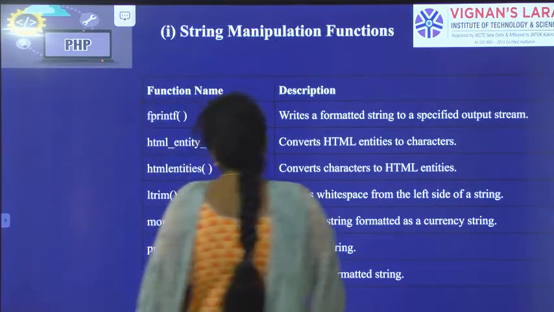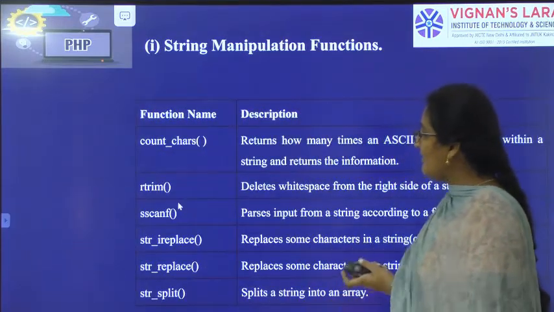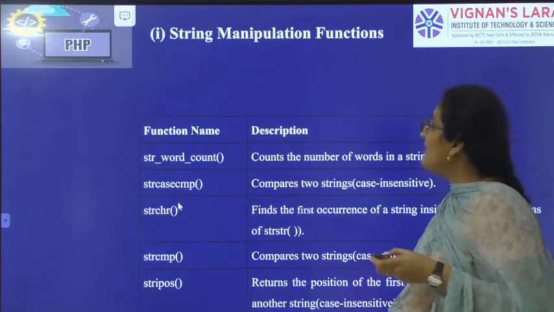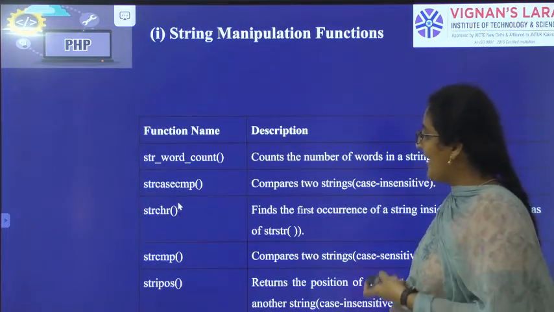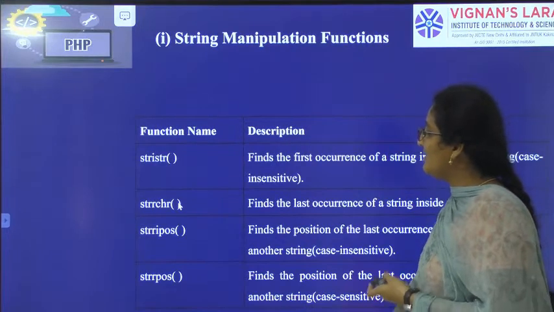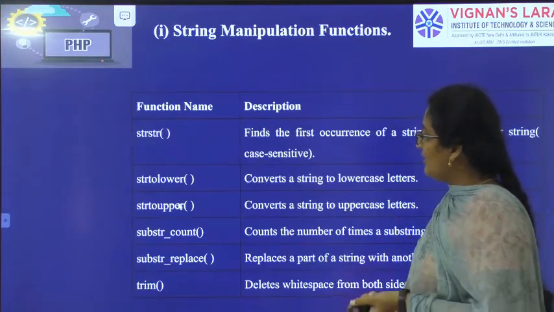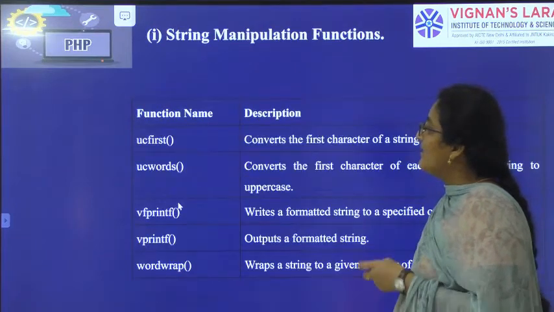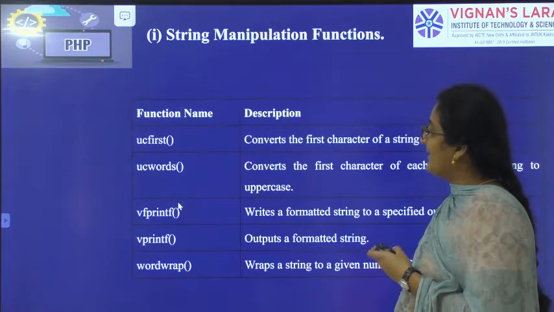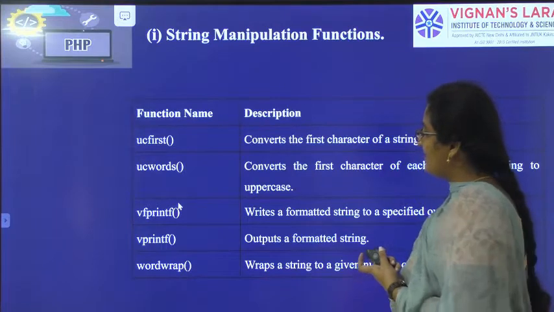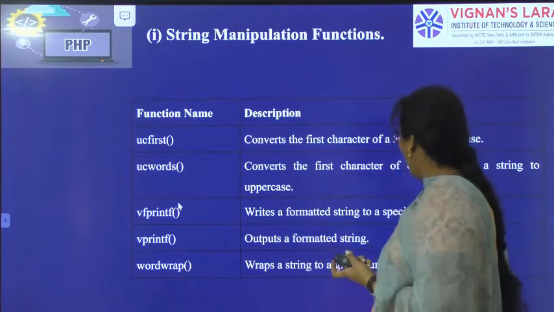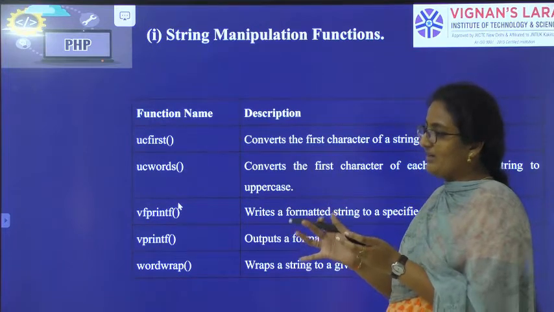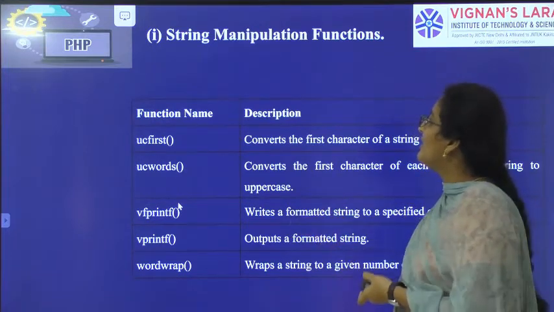Then conversions, printf, trim functions, string replace, string split, string word count, string comparison, string position comparison. Then converting into lowercase, string to lowercase, string to uppercase, trim, converting the first letter into uppercase, and finally wordwrap. Wordwrap is used to wrap the string into a given number of characters.